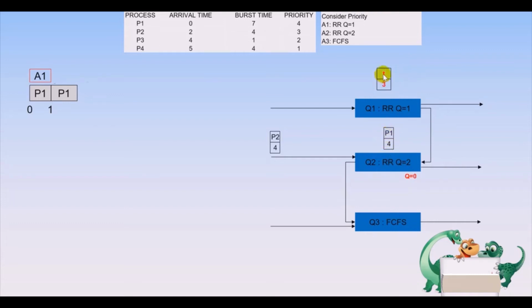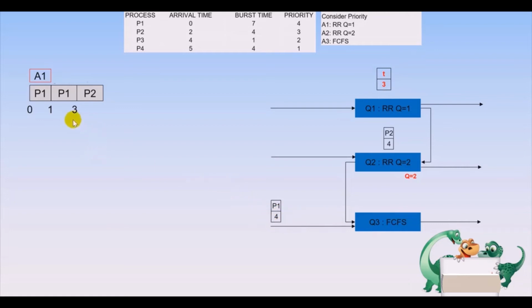Next, at time 3, P1 was able to execute 2 milliseconds of the burst time, and therefore at time 3 it will be preempted and moved to the first come first serve ready queue. So after 3 milliseconds, process 1 has moved on the ready queue for Q3, and it has a remaining 4 milliseconds burst time.